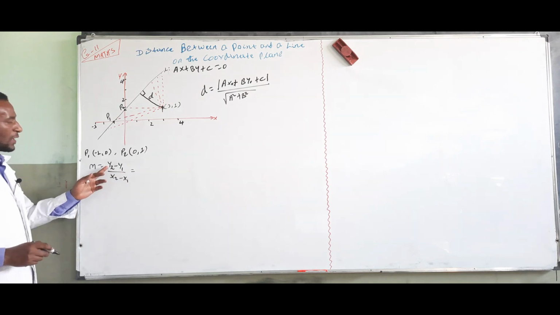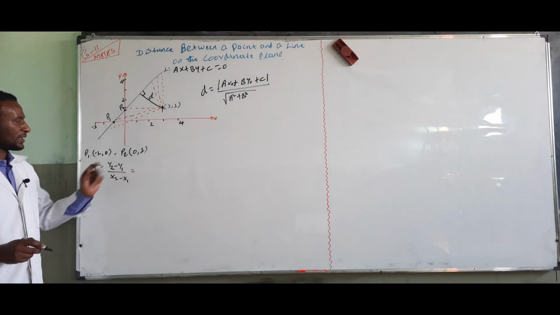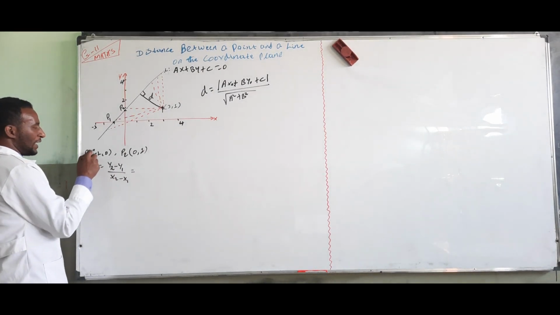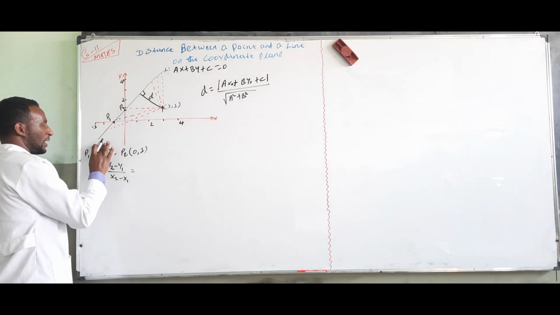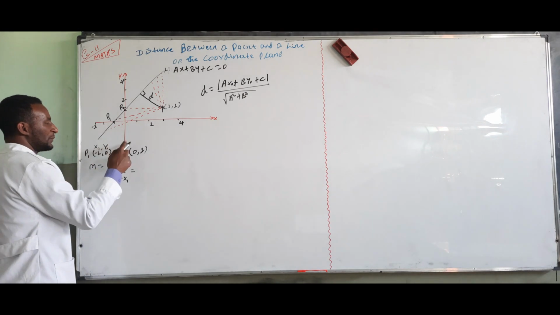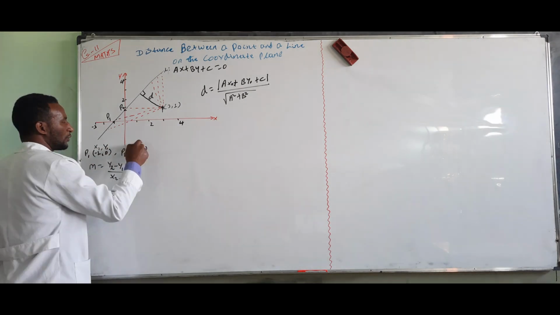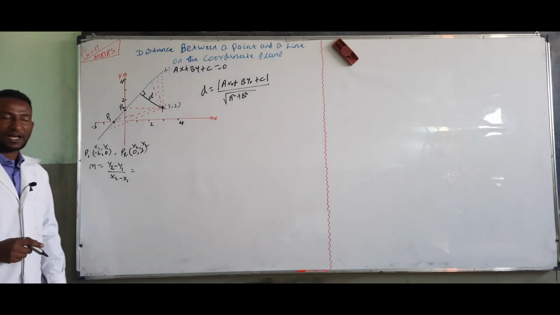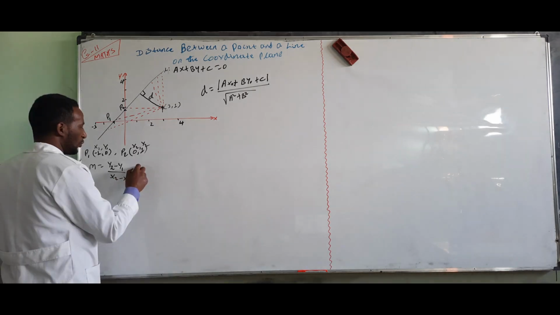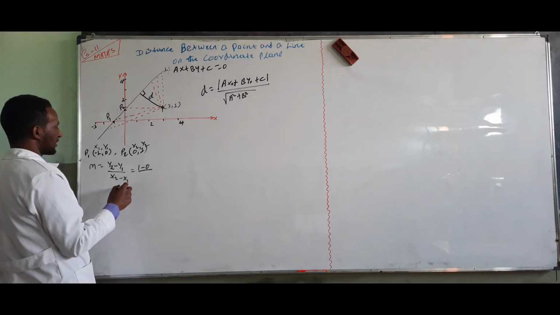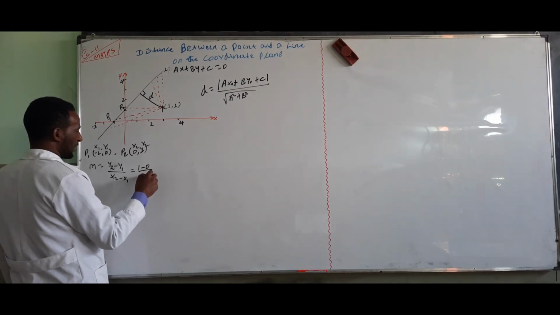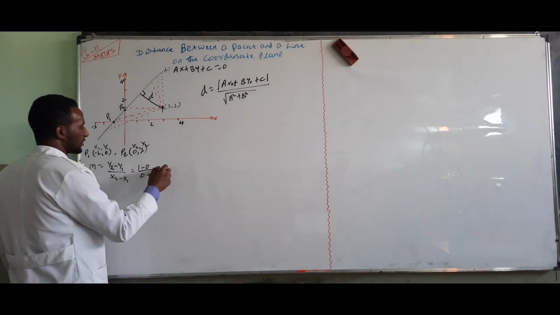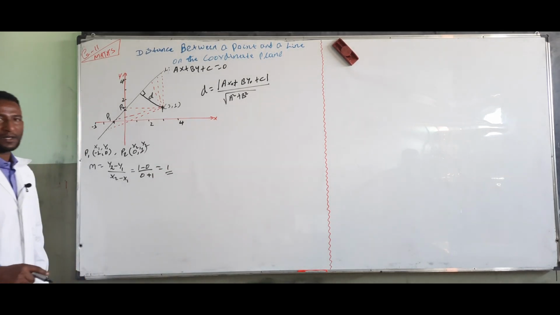For point P1, let us take the first coordinate as x1 and the second coordinate as y1. In P2, the first is x2 and the second coordinate is y2. Then it is 1 minus 0 over 0 minus 1 plus 1, which is equal to 1.